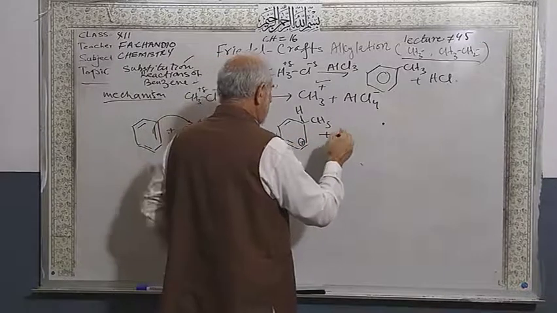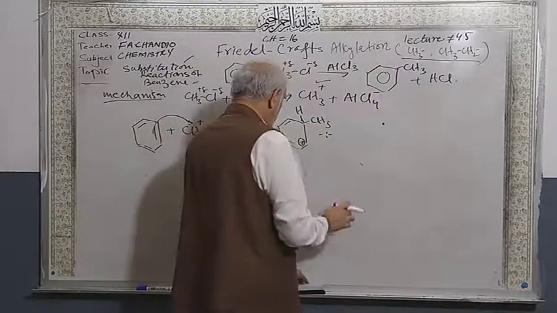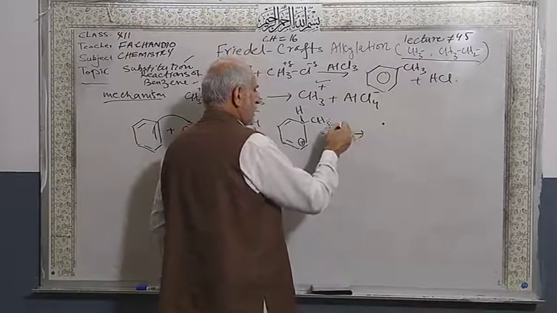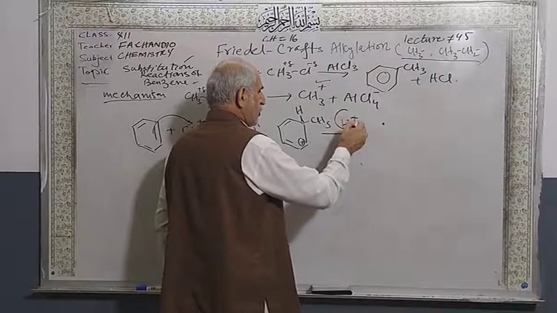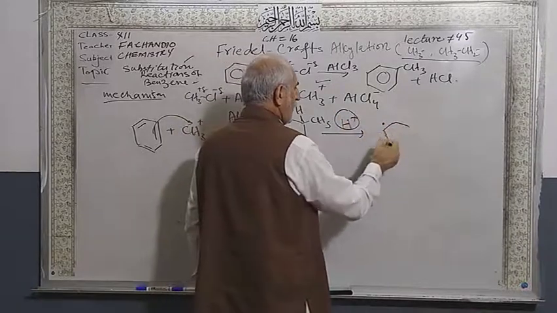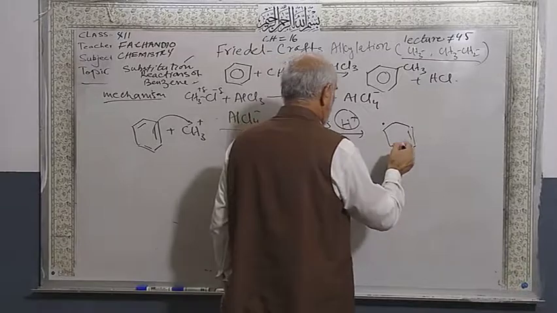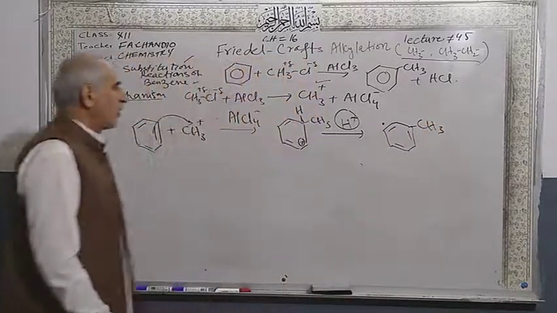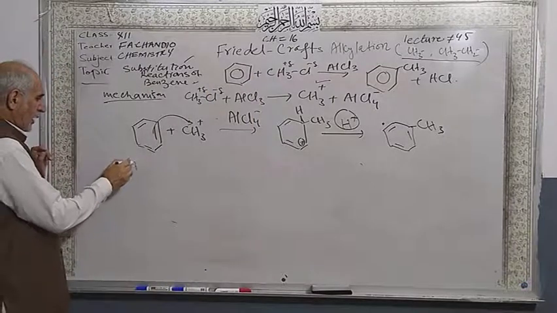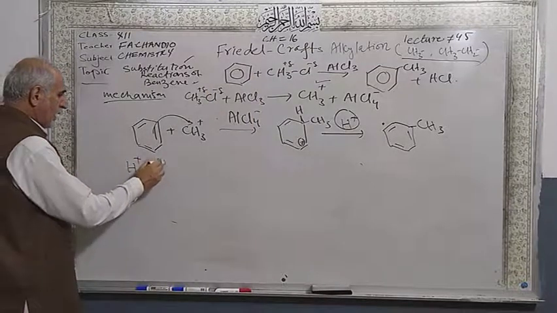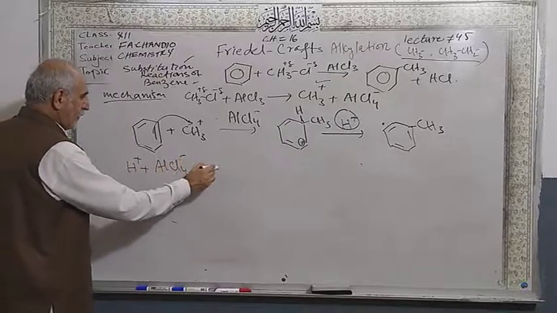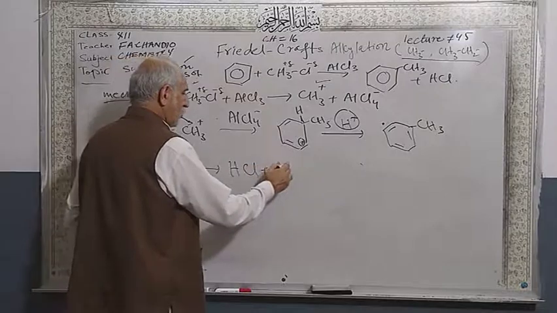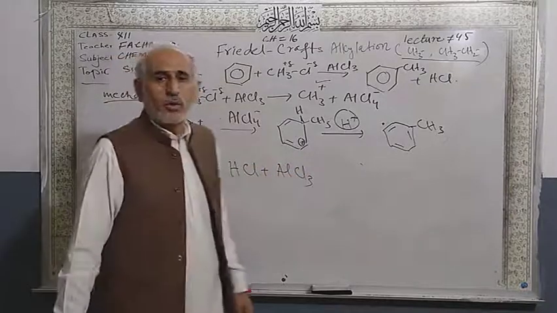Now students, in the presence of the base, this hydrogen proton is removed from here, and you will get the product which is called toluene, and the bond is regenerated. Toluene is formed here; the hydrogen ion and the AlCl4 negative complex give you HCl, and the catalyst is regenerated.